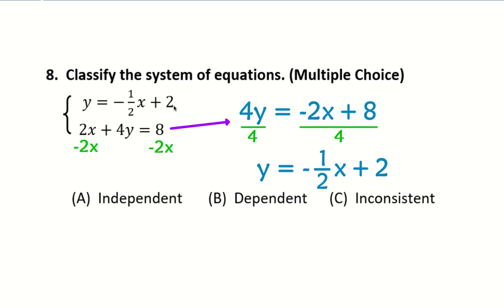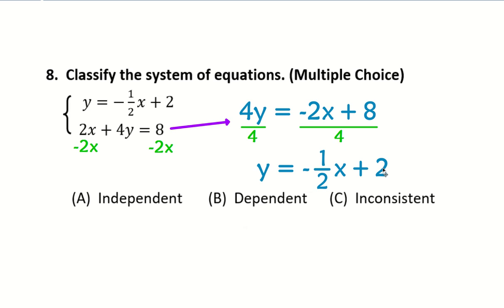And in this situation, they're exactly the same equation. It's got the same slope and the same y-intercept. So the answer to this particular number 8 problem is what? It's going to be dependent. These are exactly the same lines, and so there's infinitely many answers, and it's dependent.